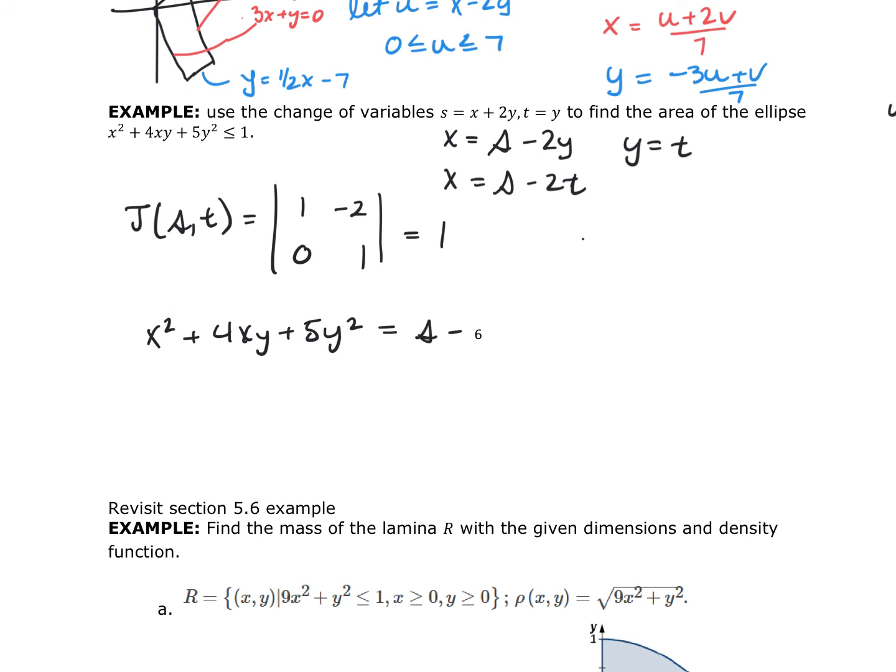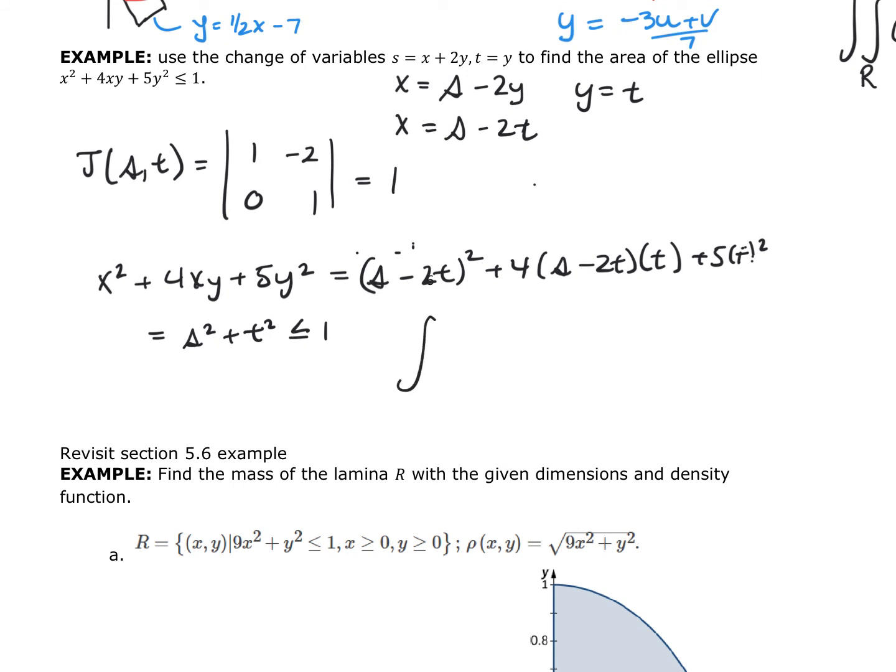So s minus 2t, the quantity squared, plus 4 times s minus 2t multiplied by t, plus 5 multiplied by t squared, and this ends up becoming s squared plus t squared, which is less than or equal to 1. Oh, that's very lovely, actually. Very lovely.